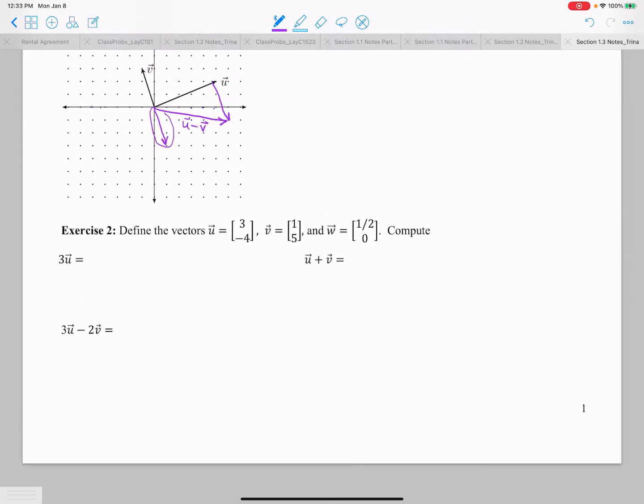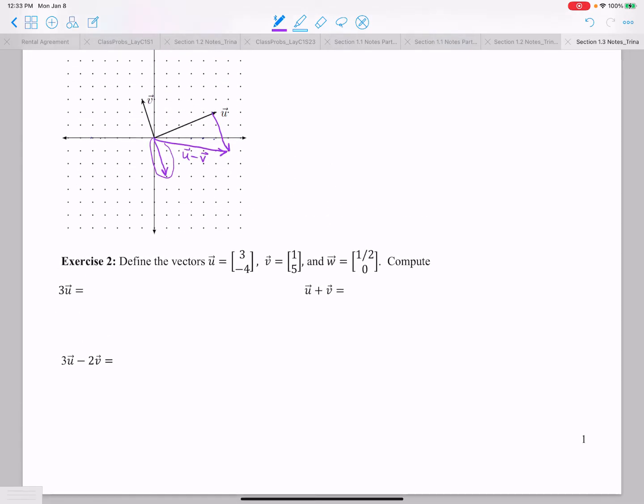Algebraically, it works just like you'd expect it to work. So a scalar times a vector, you're just going to bring that scalar in to both components. If I want to do 3u minus 2v, I'm going to bring the scalars in first.